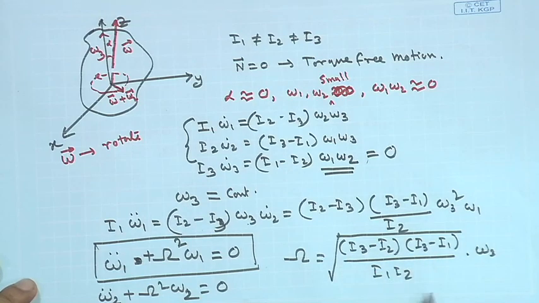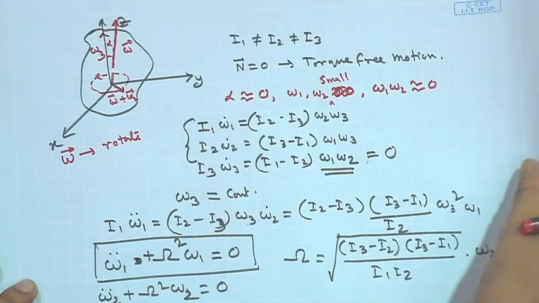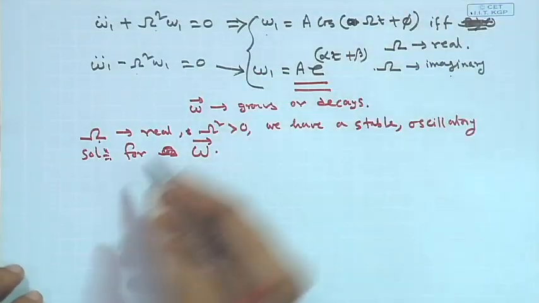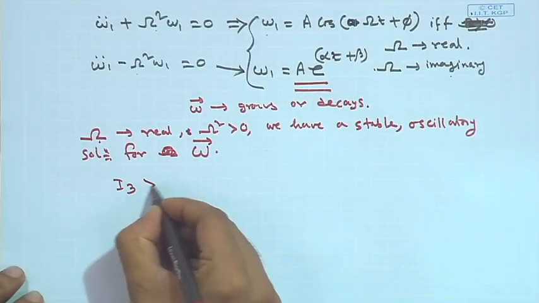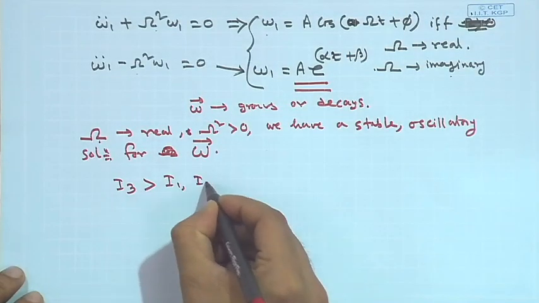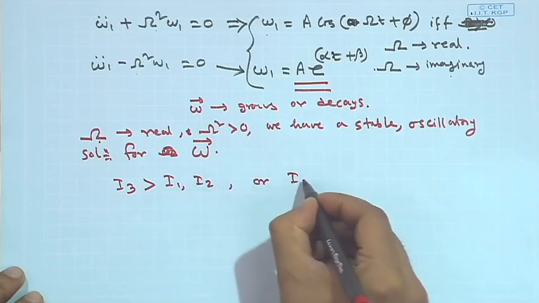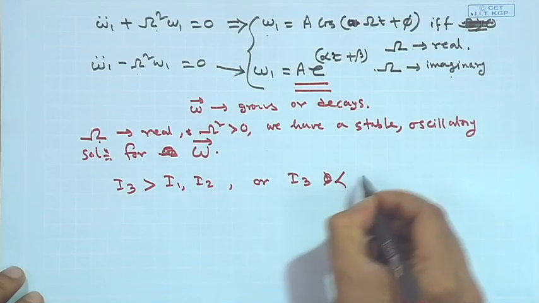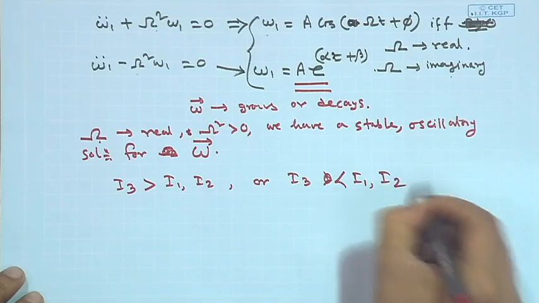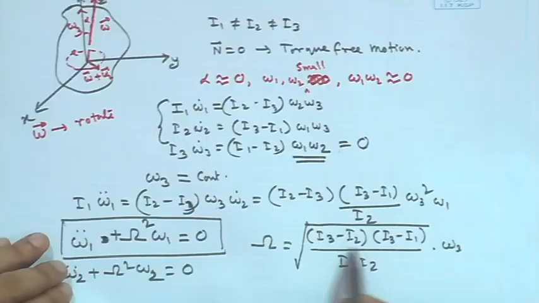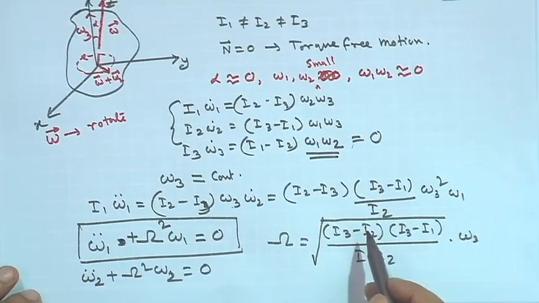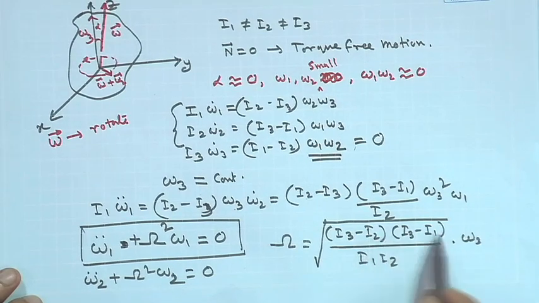In this particular term, if we have I3 greater than both I1 and I2, or I3 less than both I1 and I2, then this term remains positive definite. If I3 is greater than both I1 and I2, then we have this term positive, multiplication gives positive.